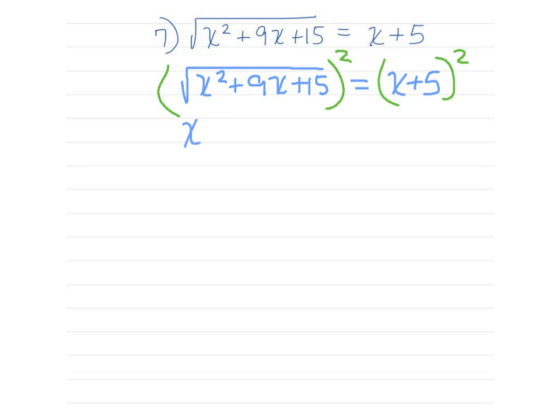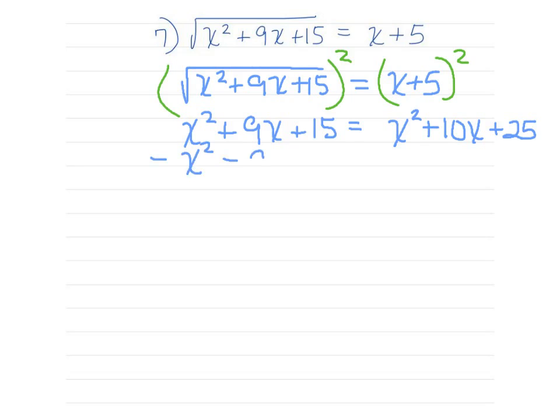X squared plus 9x plus 15 is equal to x squared plus 10x plus 25. So I will need to make this entire equation equal to 0. So I will subtract x squared, subtract 9x, and subtract 15 from both sides.